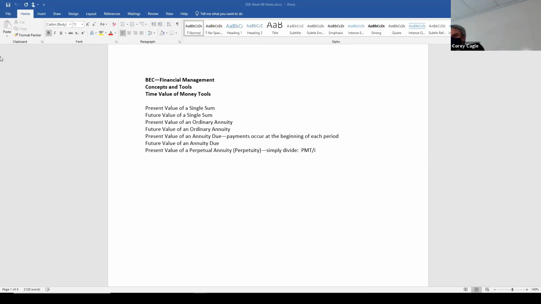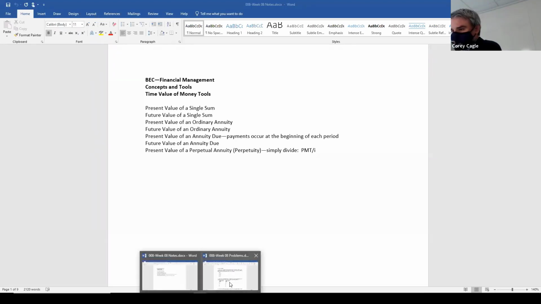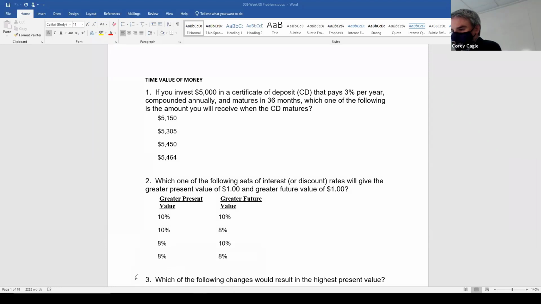On the notes, they spend a lot of time going through this, so it's there for you. But this is just present value ideas. I think our best bet is to just look at example problems to make sure we're clear on how all the time value stuff works, right?